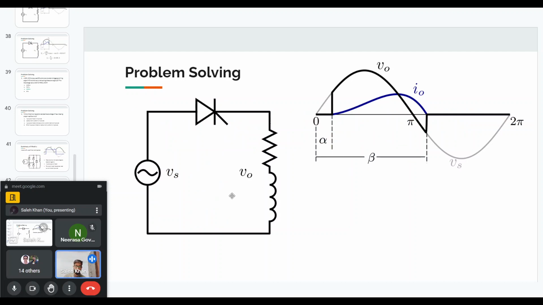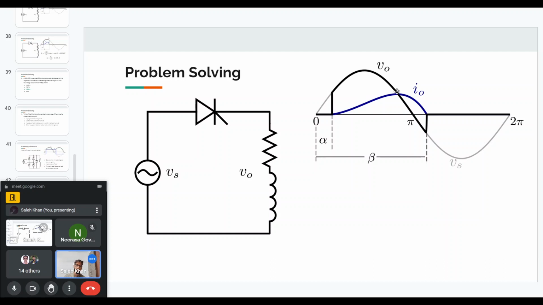This is the circuit, similar to one of the previous problems. We have a single phase one pulse, so that is why it's a half wave circuit. We only have one SCR and then we have an RL load. After the firing angle, the current will start conducting and the output voltage will become positive.